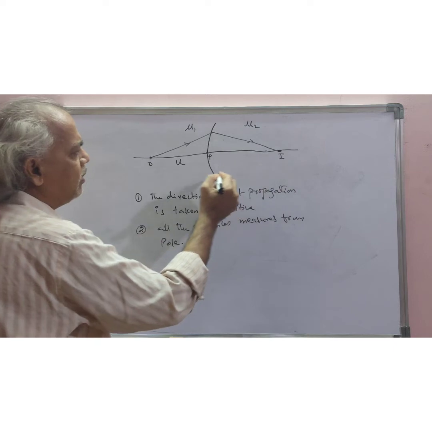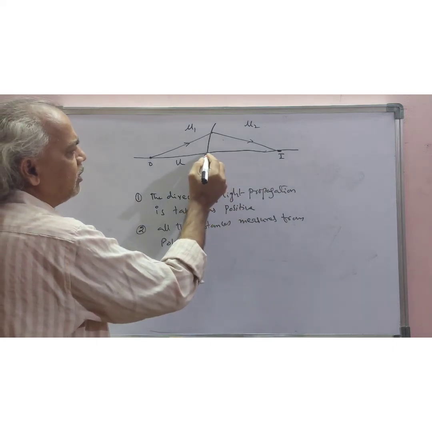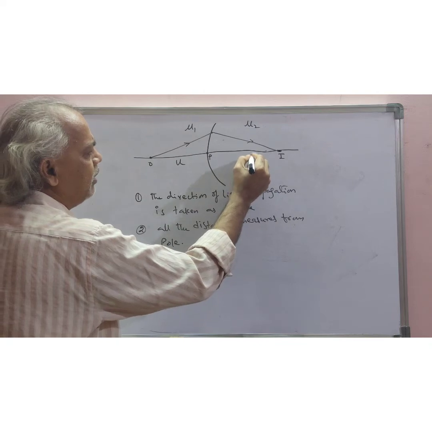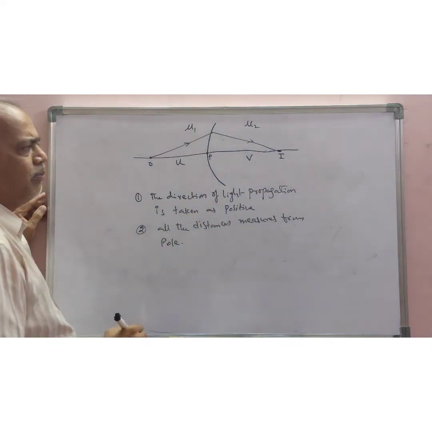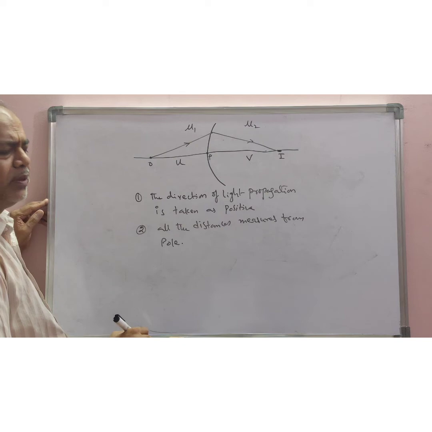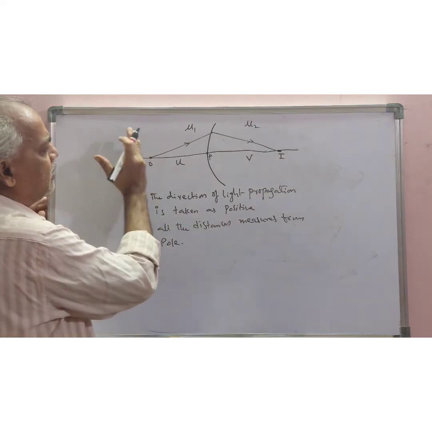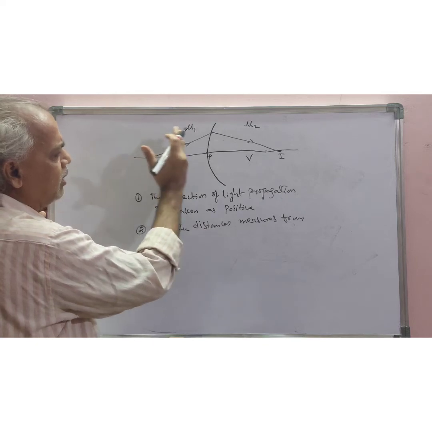The distance between the pole and the image is called the image distance, say v.